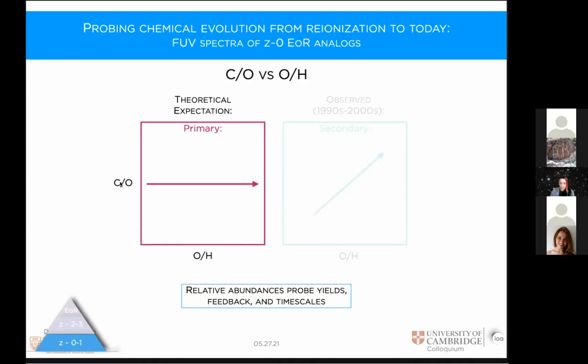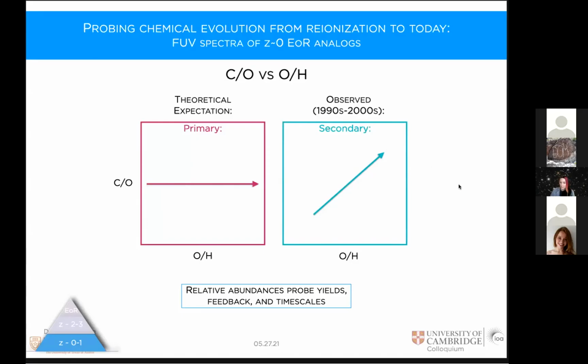And so the production of carbon to oxygen should just depend on the nucleosynthetic yields, and we would expect it to be constant. But starting all the way in the 90s, a lot of this work led by Don Garnett started to find some galaxies that suggested a secondary trend. So that means it's dependent on the initial metallicity in the gas, in the stars, and it increases that way.